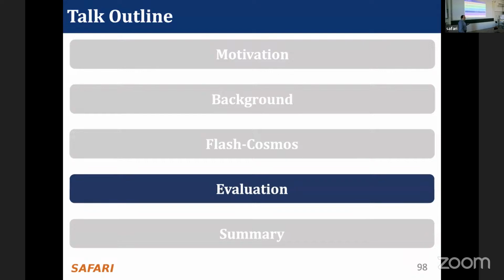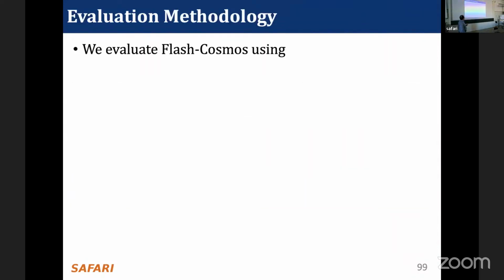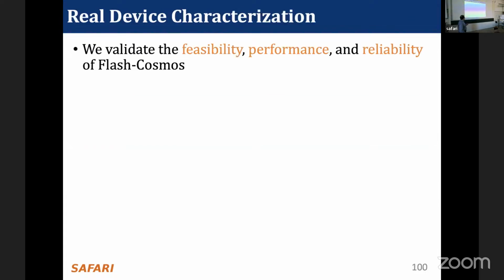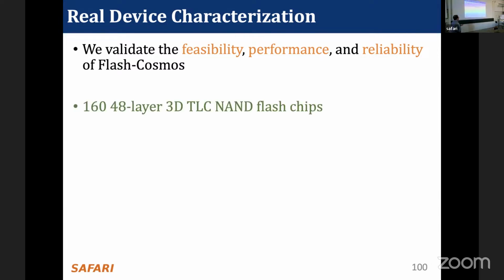Okay, so let's quickly take a look at some results. For our evaluation methodology, we evaluate Flash-Cosmos using real NAND flash memory, 160 real state-of-the-art 3D NAND flash chips. We validate the feasibility, performance, and reliability of Flash-Cosmos.